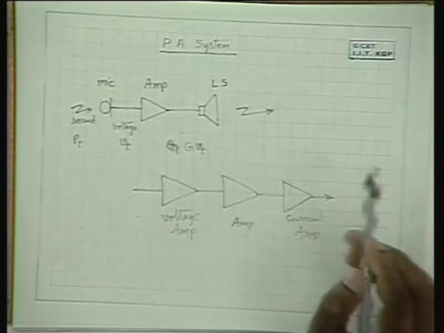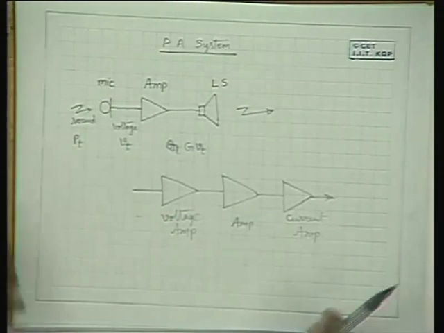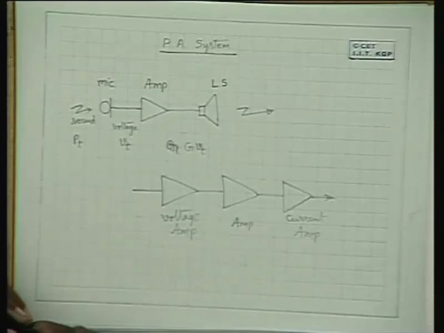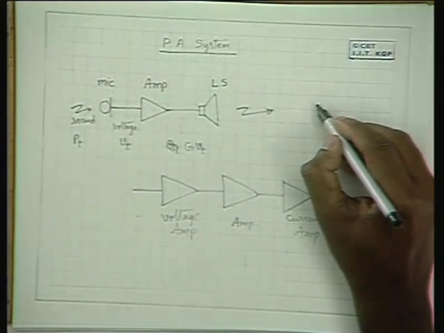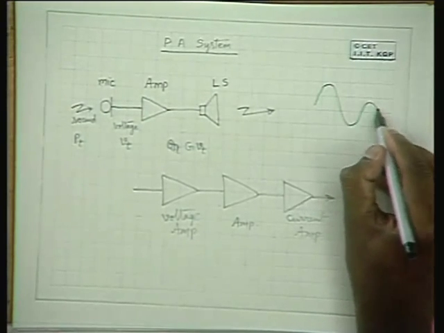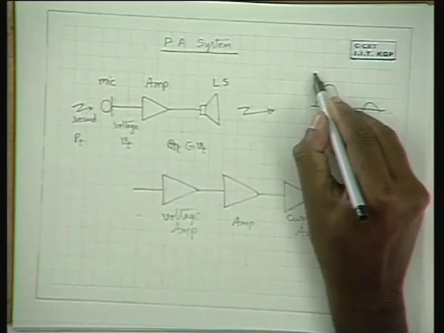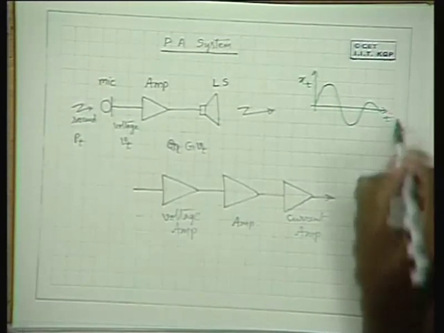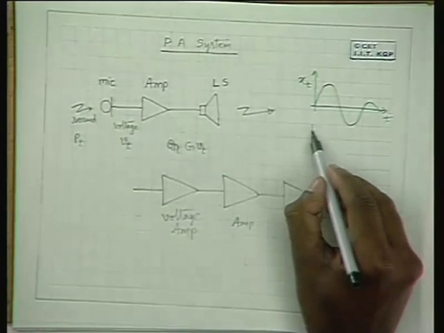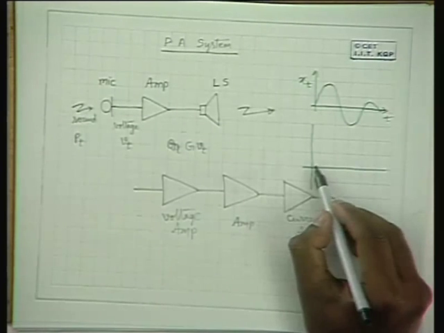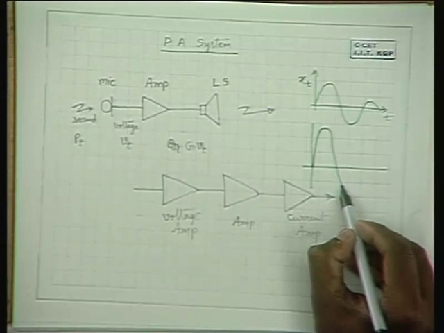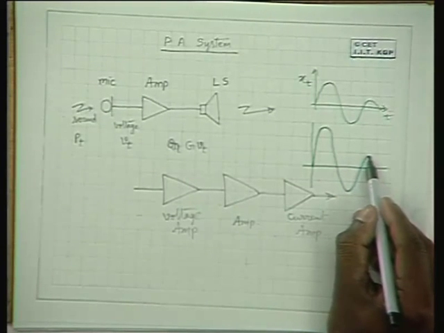So at this point, let me explain to you that amplification is nothing but multiplication by some constant. Say this is one signal here, which is a time function. The amplified version of the signal looks like this.